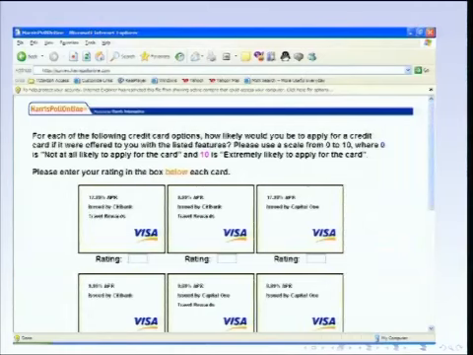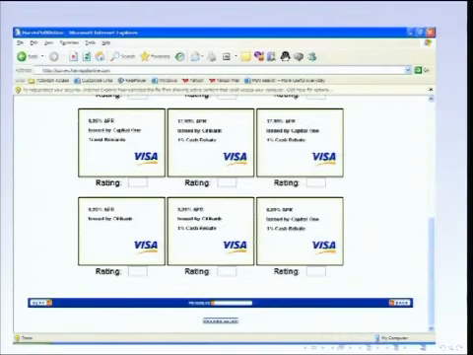And then this is the top of the screen, and this tells them what to do with their ratings, that 0 is not at all likely to apply for that card, and 10 is extremely likely to apply for the card. And as I say, this was an experienced panel of respondents, so they were used to doing this kind of rating exercise. That's the bottom of the screen.